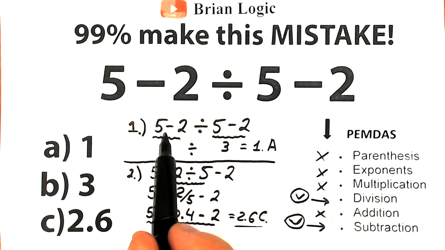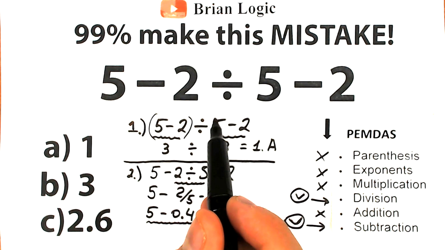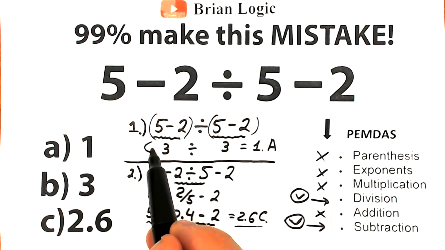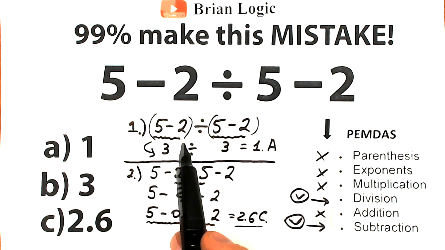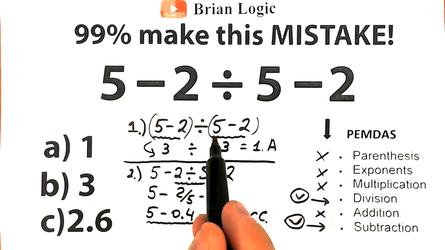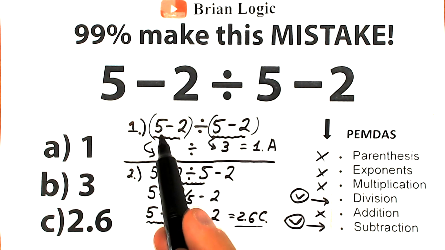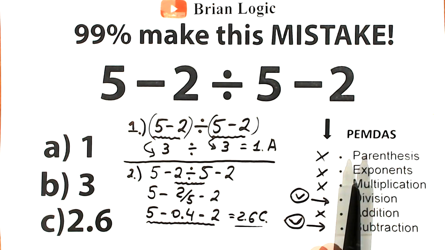But if you want to solve this question like that, your question should look like this, with parentheses. Then parentheses at first, because parentheses have the highest priority, so you subtract at first, which is equal to 3, and subtract right here, which is equal to 3, and the last step is division. So then subtraction will have a higher priority than division because of these parentheses, which have the highest priority.